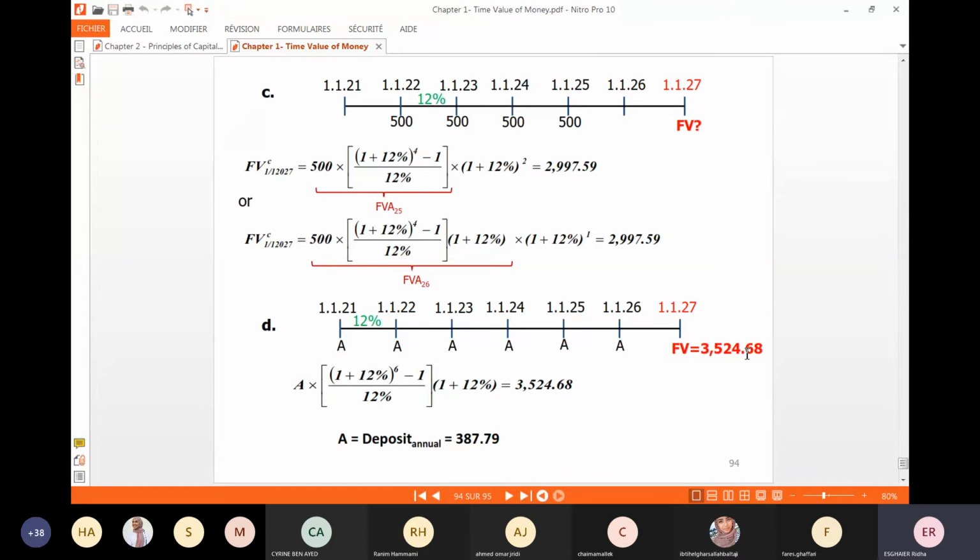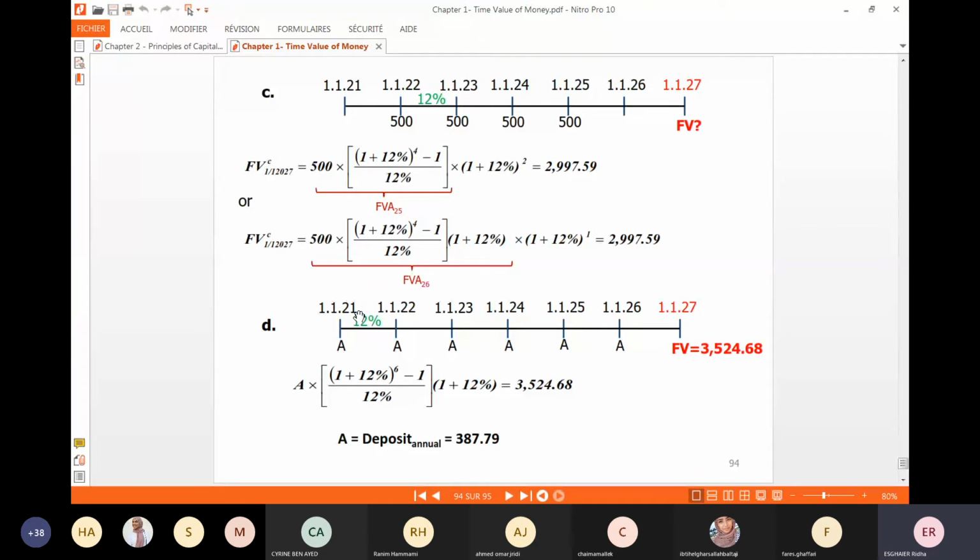To be able to compute the constant A, we need to set these A's in the formula of an annuity. We can determine A if we use the future value of each A separately.